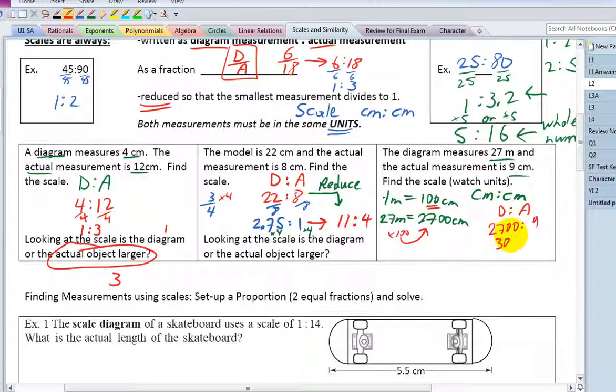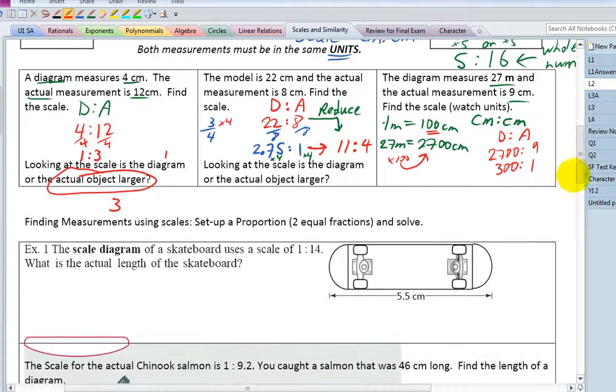And so we're going to get 300 to 1. Yeah, it must be exactly as I've written it. So this is saying the diagram is a lot larger than the actual object, kind of like a microscope would work. Any questions?